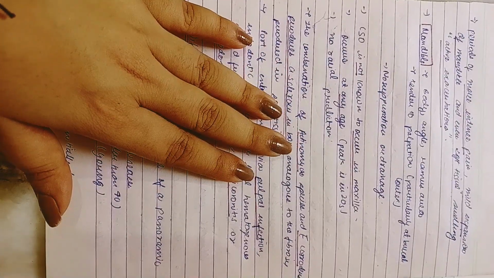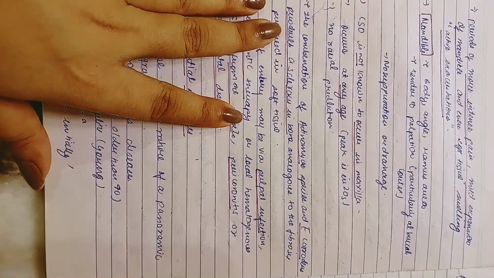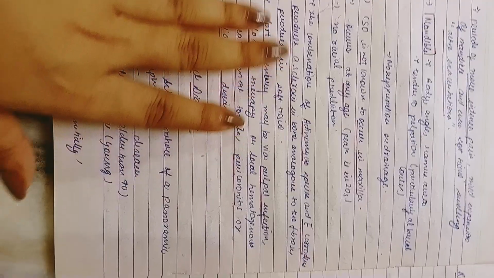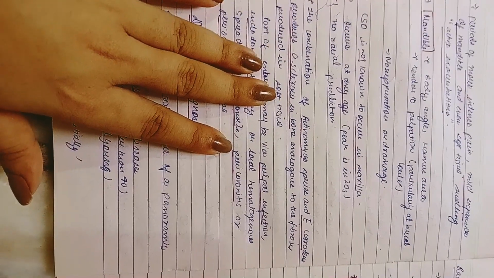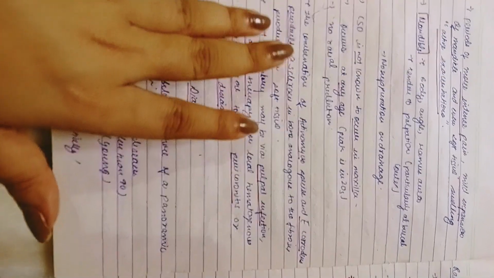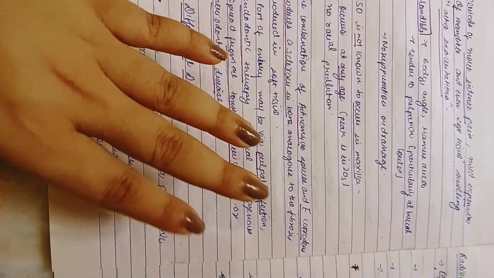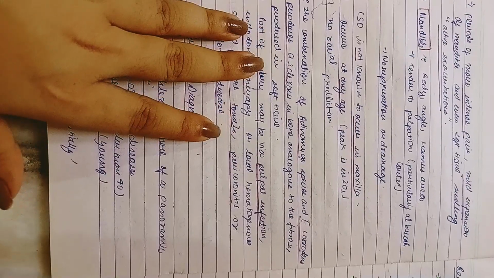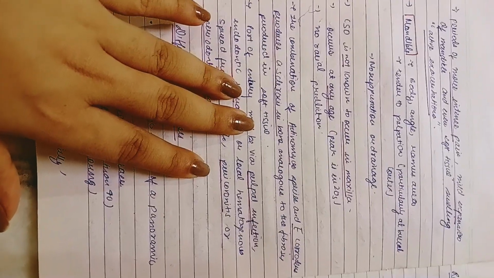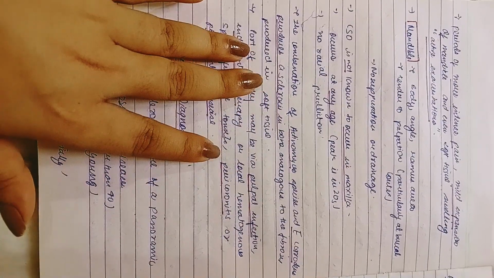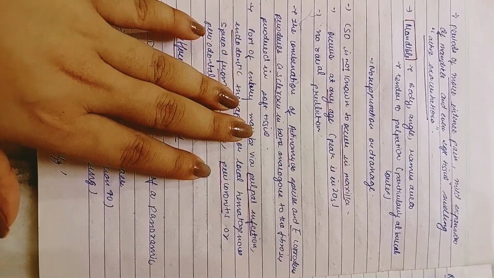No racial predilection. The combination of actinomyces species and E. corrodens produces a sclerosis. So we have seen this is a sclerotic condition. So this combination produces a sclerosis in bone, which is analogous to the fibrosis produced in soft tissue by these organisms. तो जैसे ये fibrosis करते हैं soft tissue में, वैसे ही they produce sclerosis in the bone.